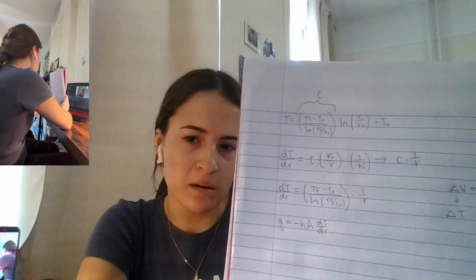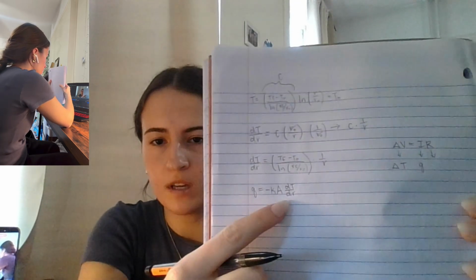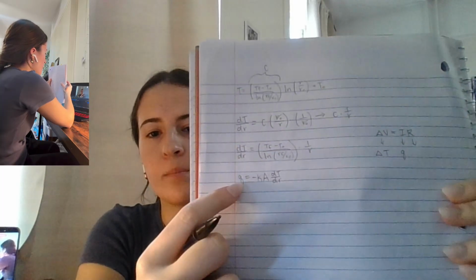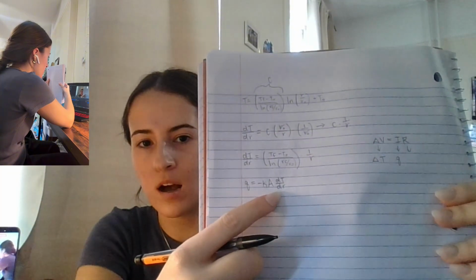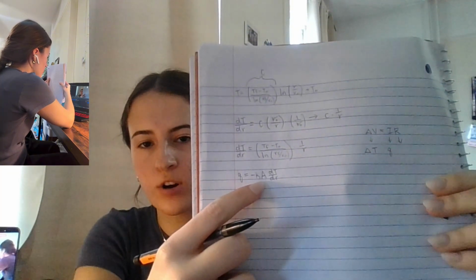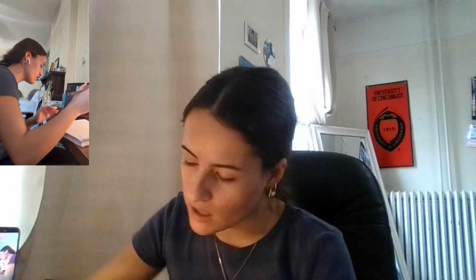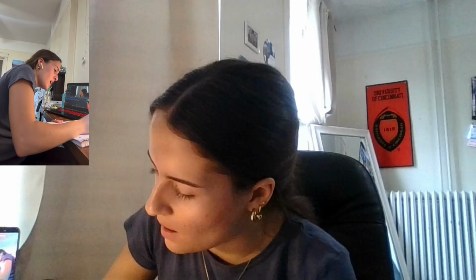So we can go ahead and plug in the dT over dr in for this equation here. And then we'll solve for our resistance using the Q and the delta T figure. So we can also plug in our cross-sectional area because we know what we're looking at is going to be in the radial direction. So our cross-sectional area is going to have some sort of length associated with it.